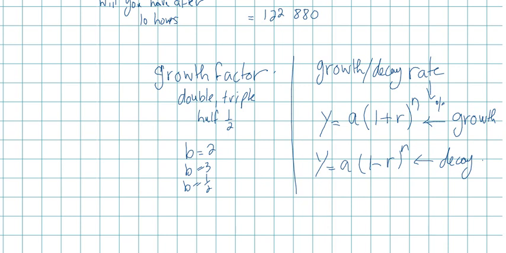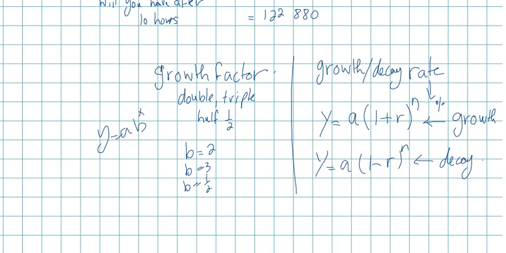So the difference between this and what we're used to is that your base is not given to you. You have to find it by doing 1 plus the rate or 1 minus the rate, and that becomes your base.